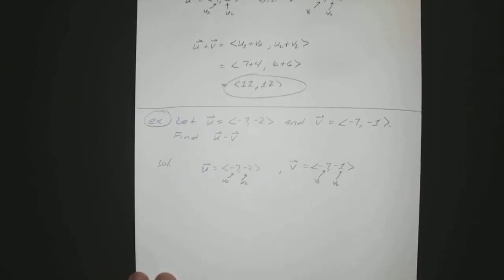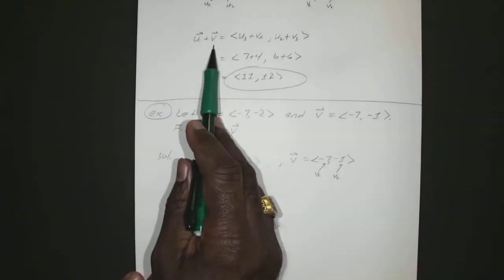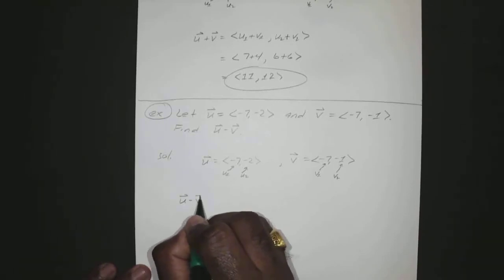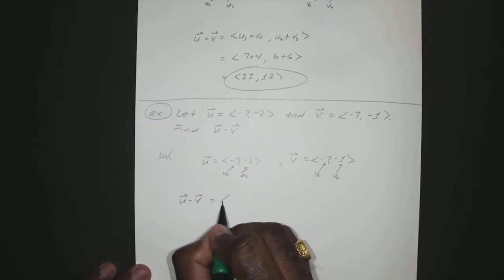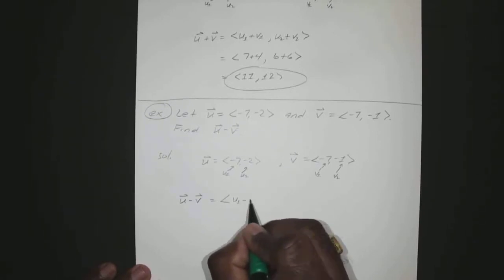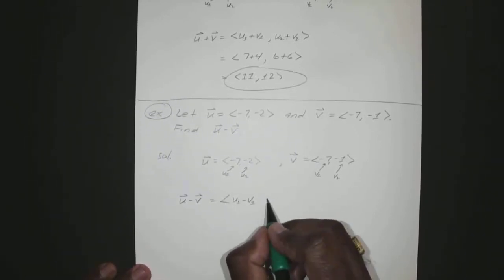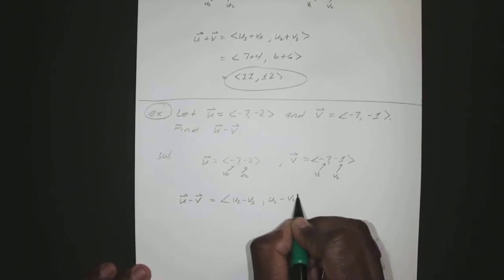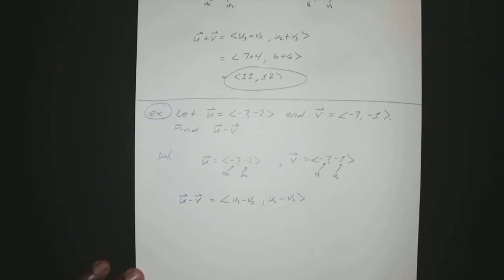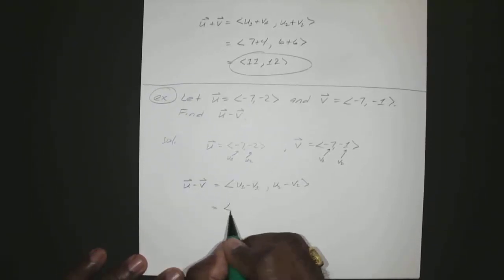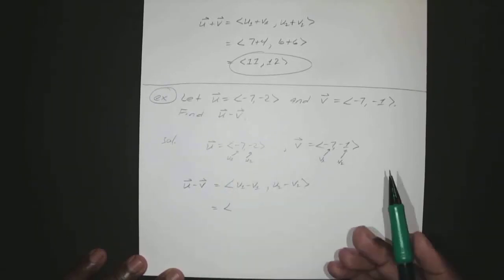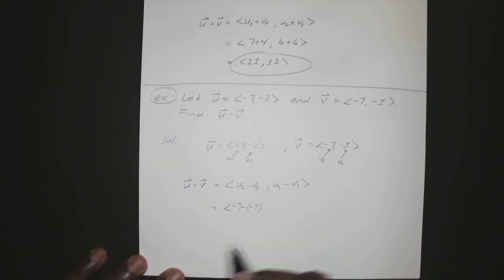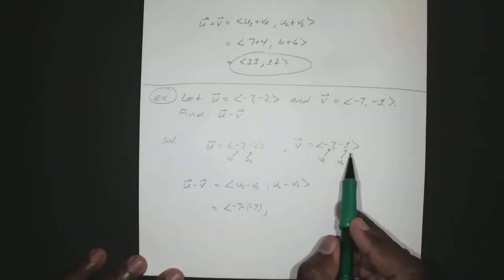Okay, so we do the same thing we did when we were adding, but now we're subtracting. So u vector minus v vector. Remember, that's the first component minus the first component of v, and the second component minus the second component of v. Okay. So that's going to equal -7 minus -7, and -2 minus -1.